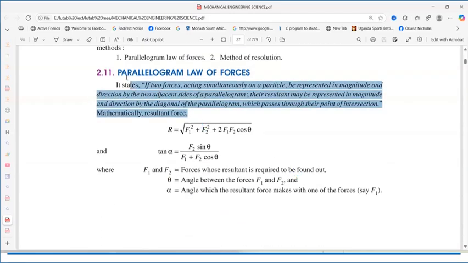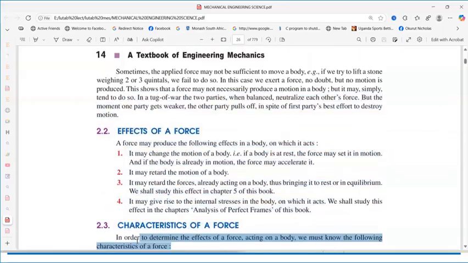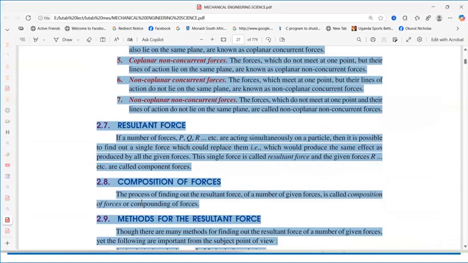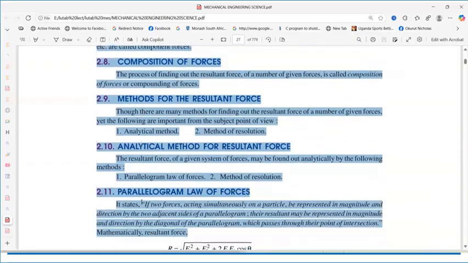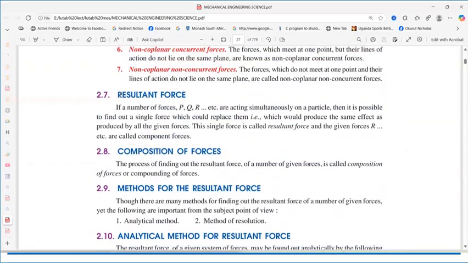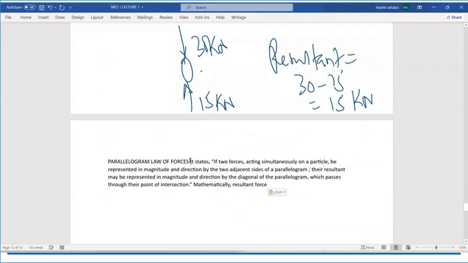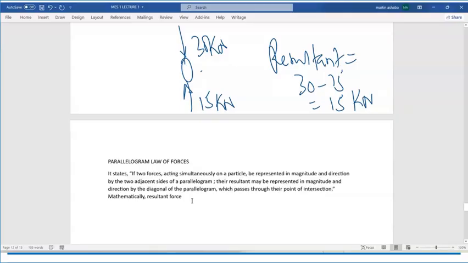So the parallelogram law of forces says that if two forces are acting simultaneously on a particle, and they are represented in magnitude and direction by the two adjacent sides of a parallelogram, the resultant may be represented in magnitude and direction by the diagonal of the parallelogram, which passes through their point of intersection.